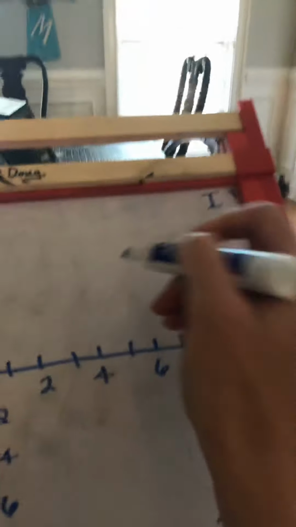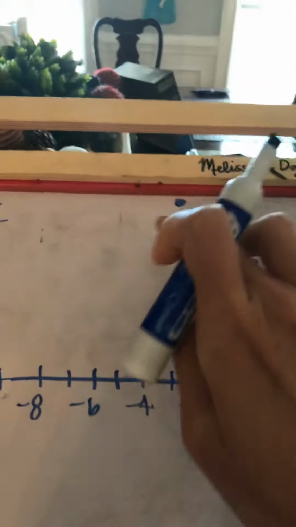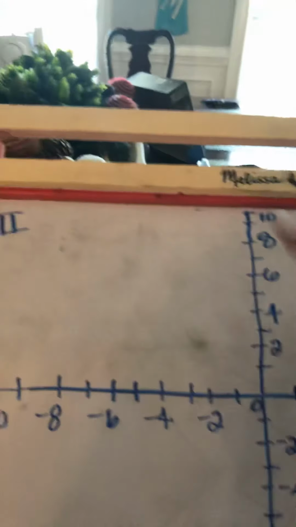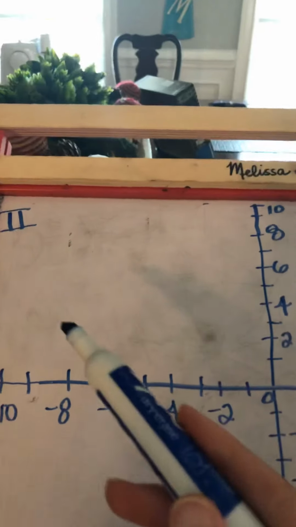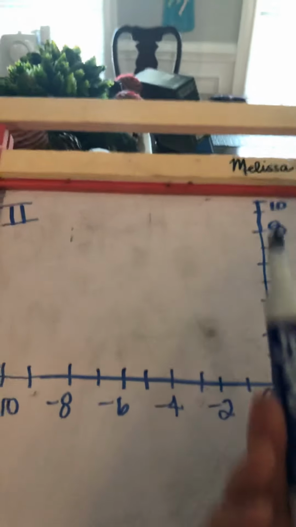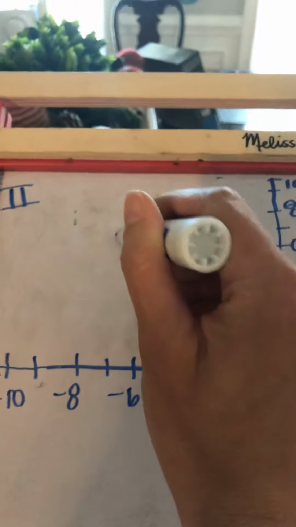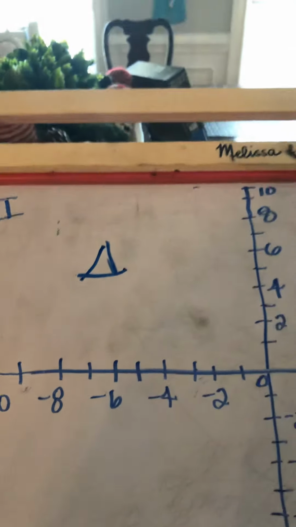And I'm just going to put a heart in this quadrant because this is what it's going to look like in IXL. All right. Quadrant 2 is where our X values are negative, but our Y values are still positive. Okay, so this is quadrant 2, and I'm just going to put a triangle right here.